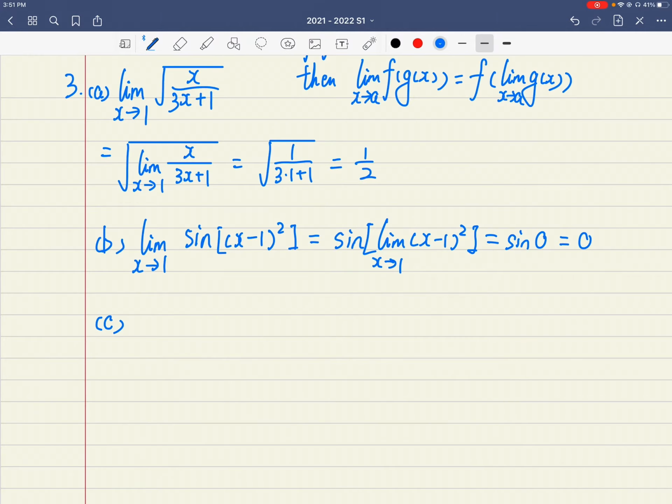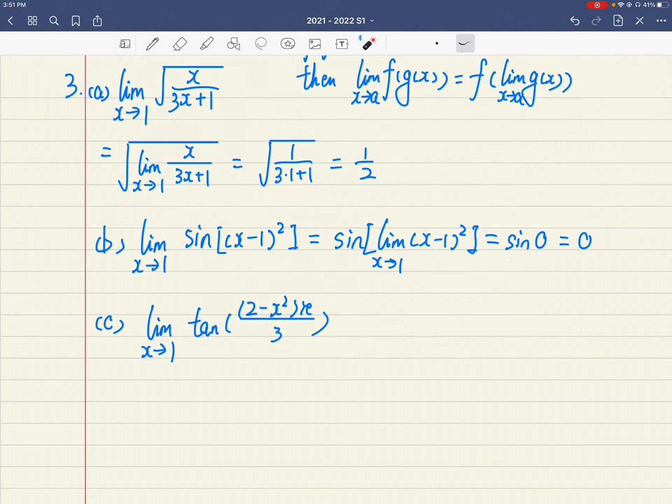Okay, part C. Tangent, when x is approaching 1, of (2 minus x squared) pi over 3. Okay, when x is approaching 1, the top is 2 minus 1. So inside it's approaching pi over 3.